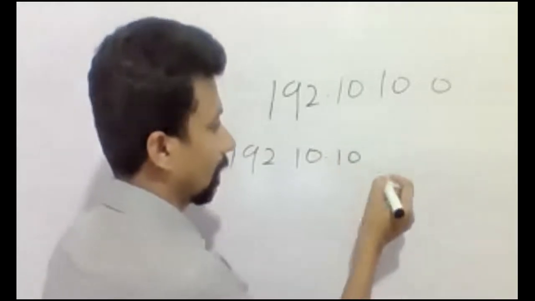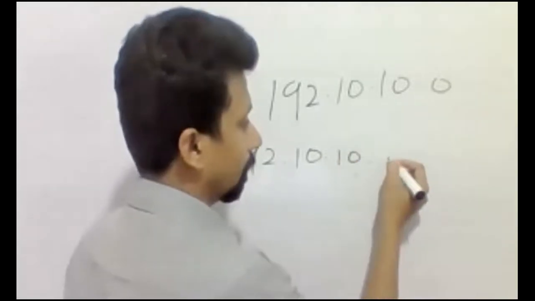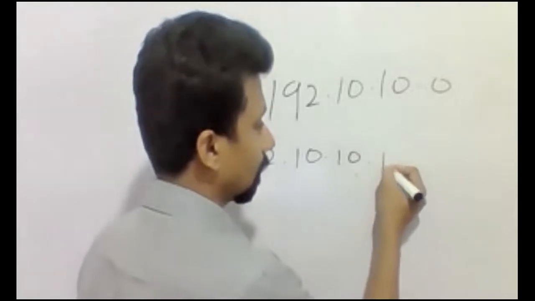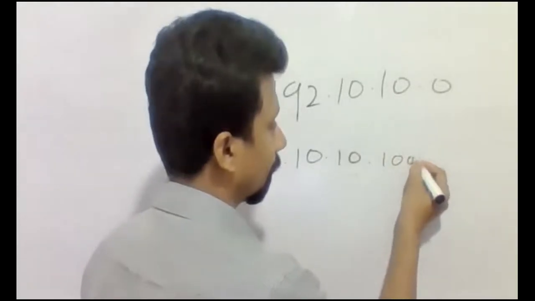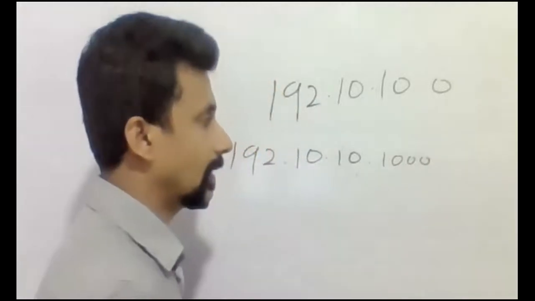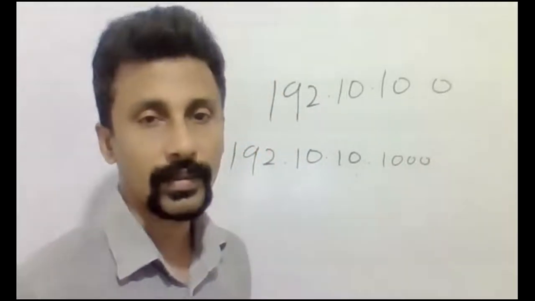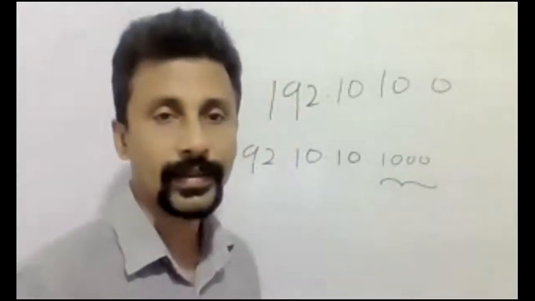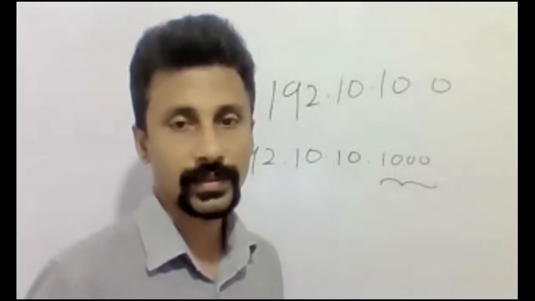192.10.10. Here, for the ninth one, my bits will be like this. Now from these 4 bits we are creating subnets.